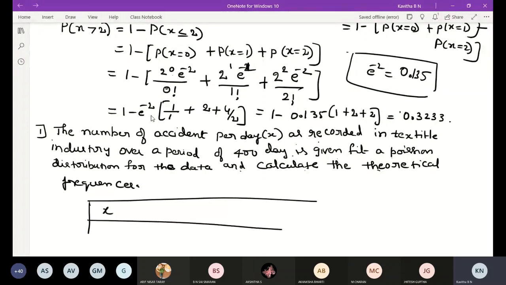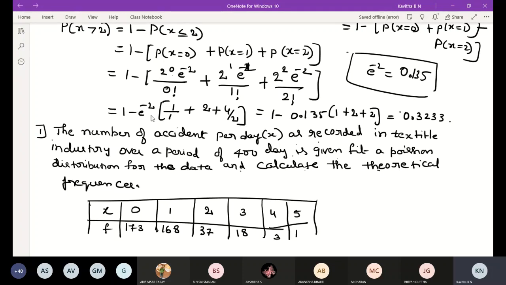X, F: 0, 173; 1, 168; 2, 37; 3, 18; 4, 3; 5, 1.